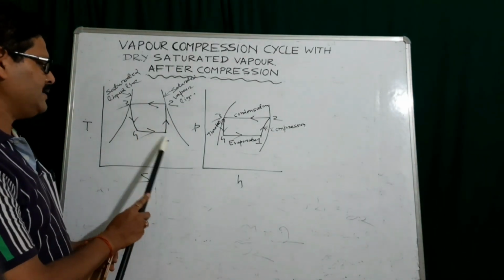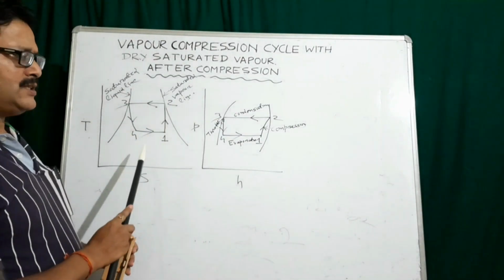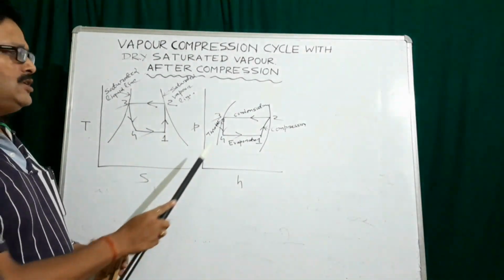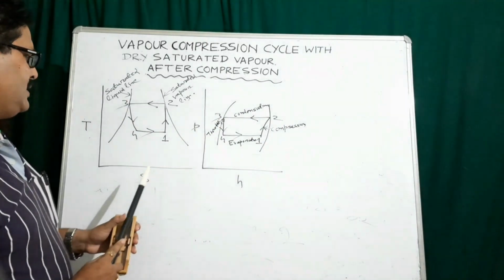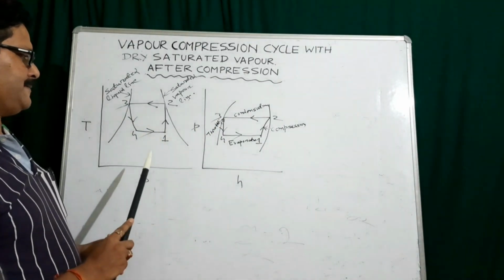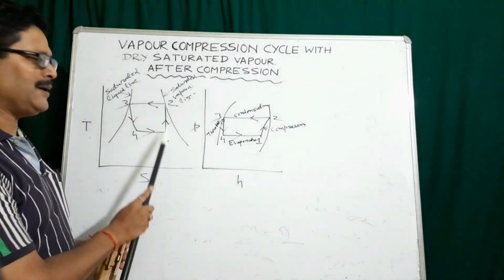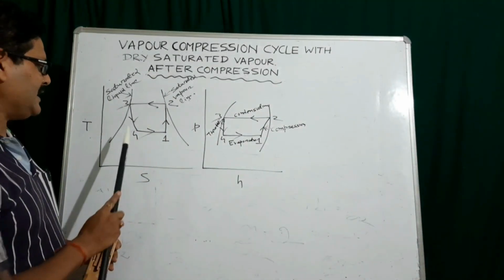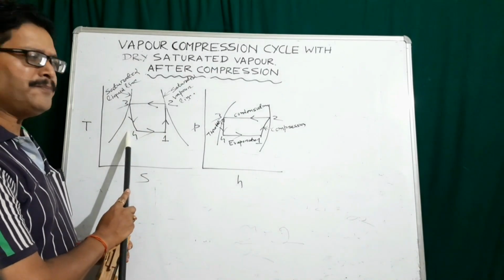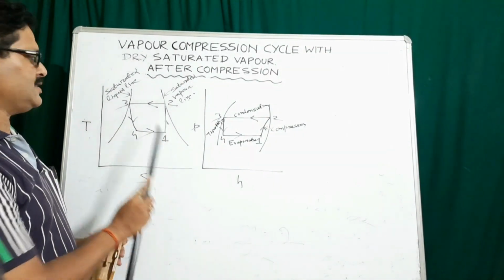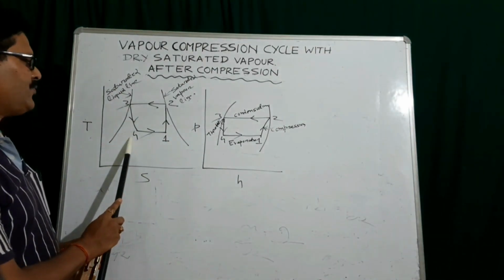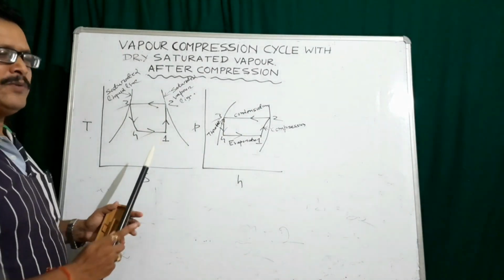And 4-1 is the process which is evaporation or refrigeration that actually takes place in the refrigerator or evaporator. And during this, the temperature remains constant. That means T4 is the same as T1.